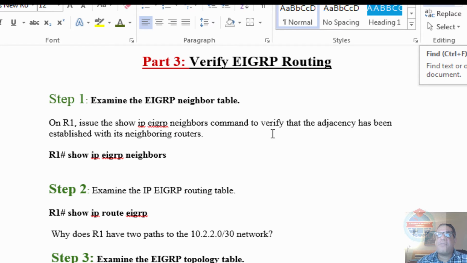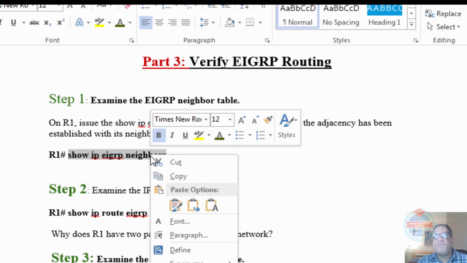So guys, now we're going to part 3. We're going to be verifying the EIGRP routing, examining the EIGRP neighbor table. To do that, we're going to R1 and we're going to check this command over here.